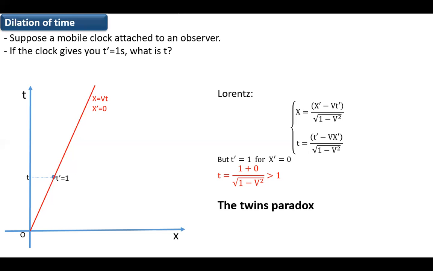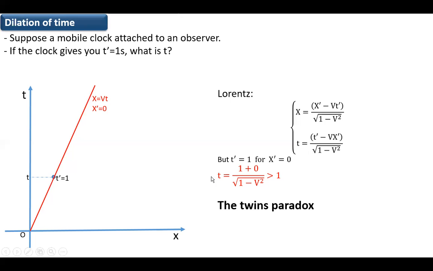And if this twin comes back to Earth, if you compare the two twins, you will find that the twin that stayed on Earth is older than the twin who traveled through space at speed v, because of the dilation of time.